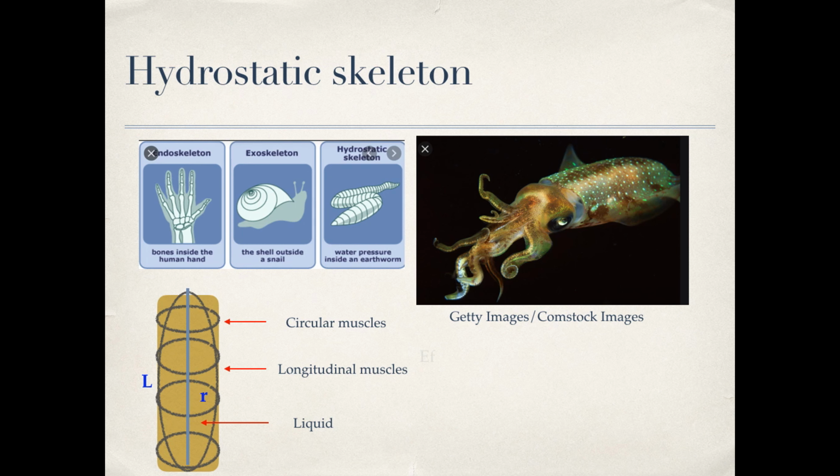We are interested in our calculation in the effective area of the circular muscles per unit length of the animal, and I will call that effective area A with a little subscript m.